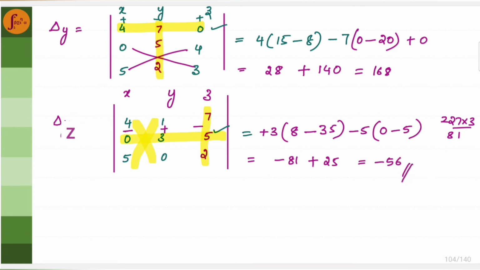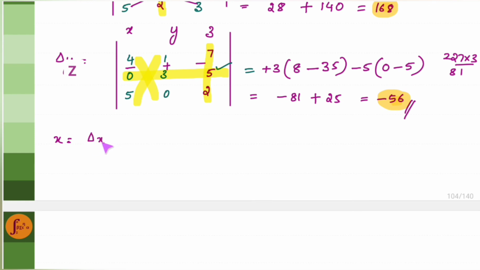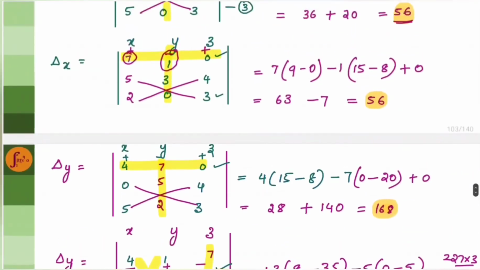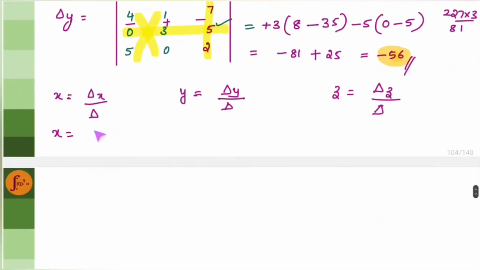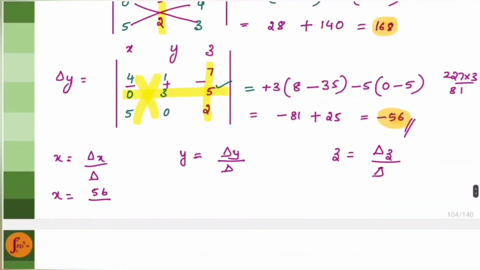So this is determinant z. Now let's calculate the values. x is equal to determinant of x by determinant, y is equal to determinant y by determinant, and z is equal to determinant of z by determinant. Now let's substitute. X is equal to determinant of x, 56, and determinant is 56, right?